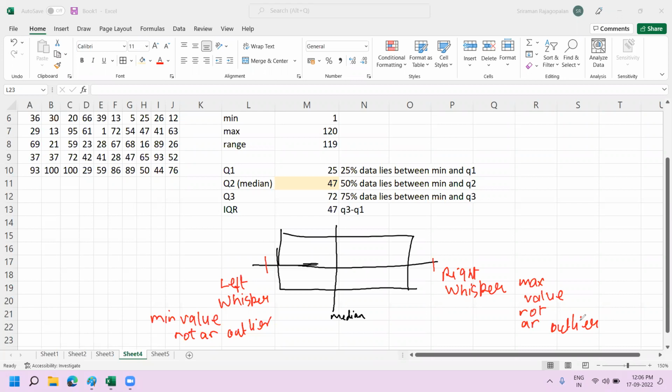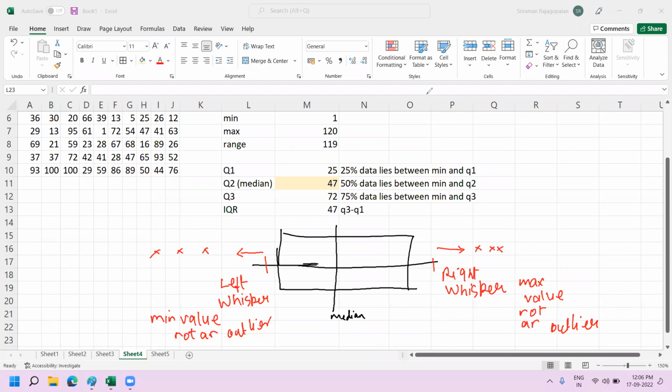Are you getting this? Anything that lies beyond the left whisker, and anything that lies to the right of the right whisker, is known as an outlier.